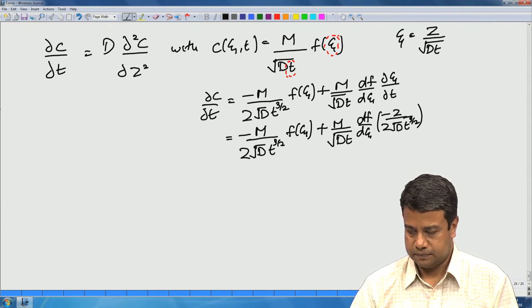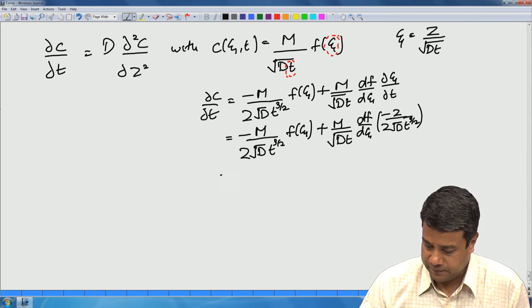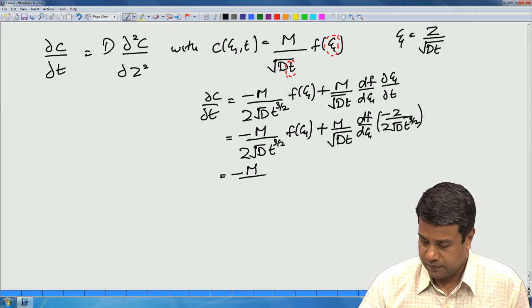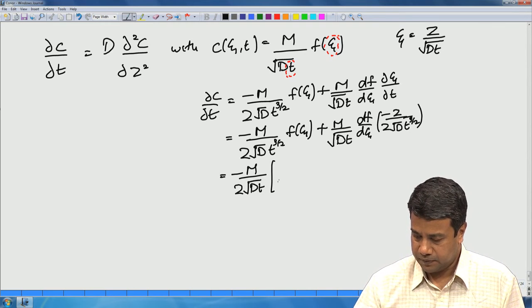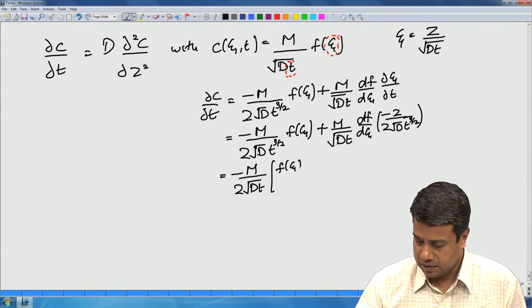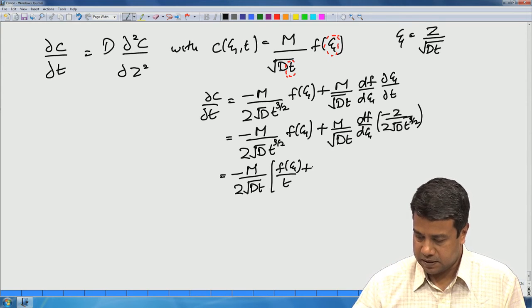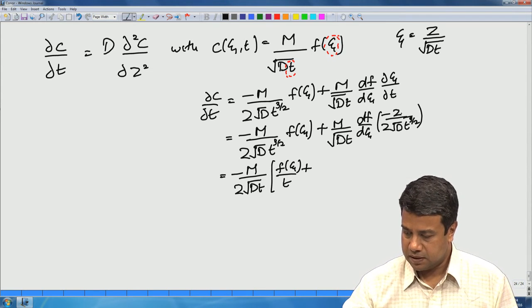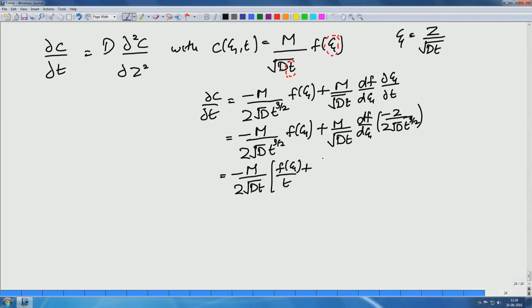So, this is minus m by 2 root of Dt into f of psi by t plus this term here, which is basically equal to psi by t.